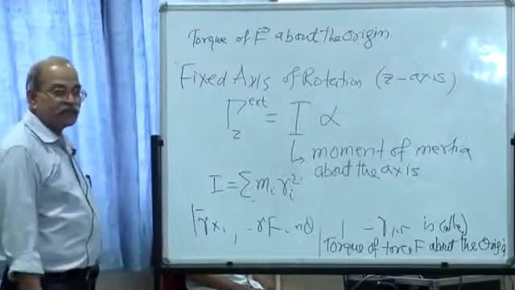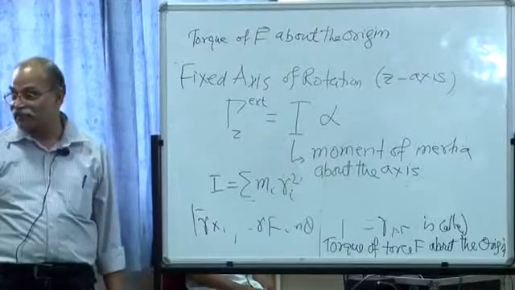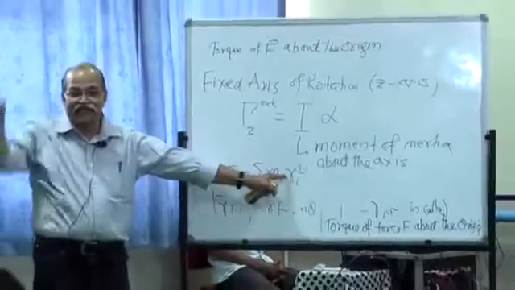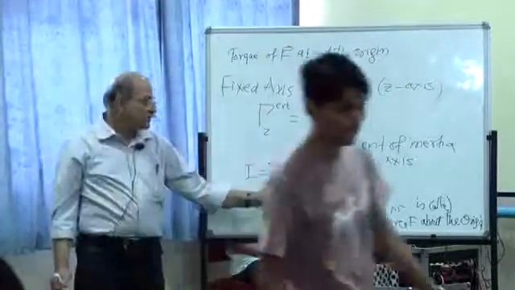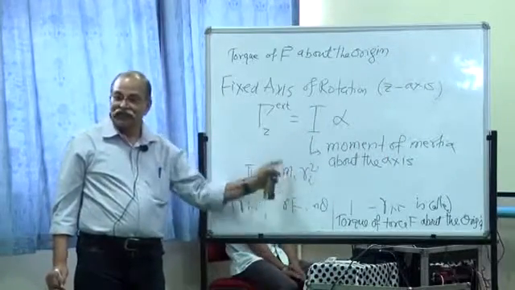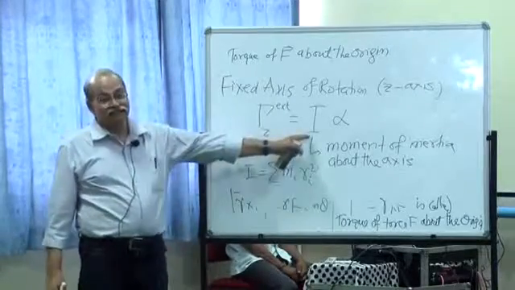Square it, multiply it, and then add for all the particles of that rigid body. This R_i is the perpendicular distance from that axis of rotation. Mass of the particle, perpendicular distance from the axis of rotation, square, multiply, and add for all the particles. This is the quantity which will appear here.